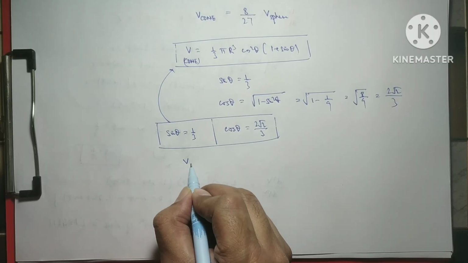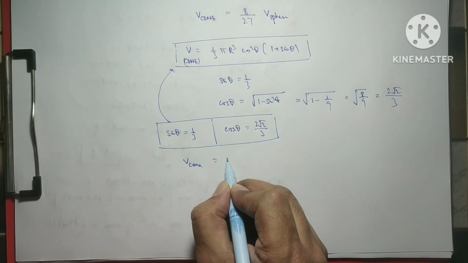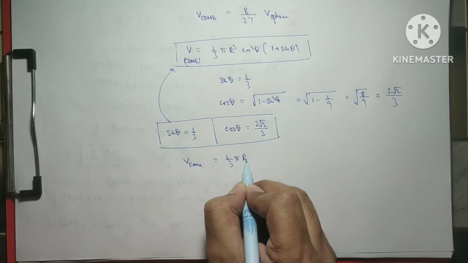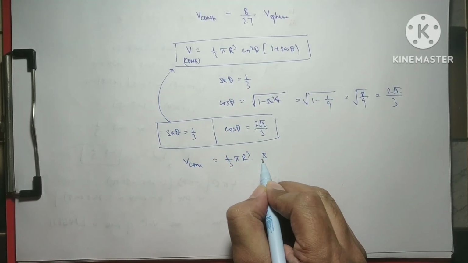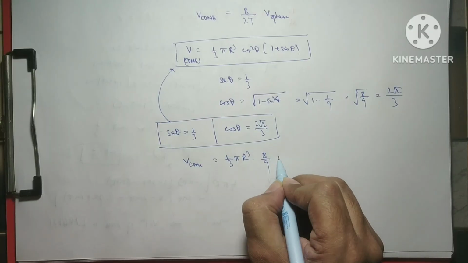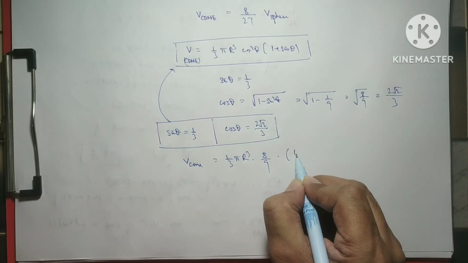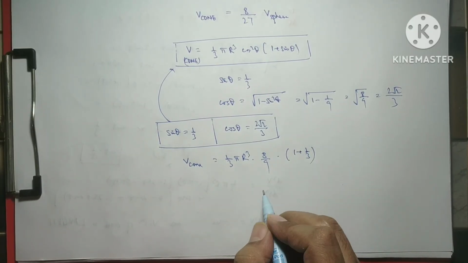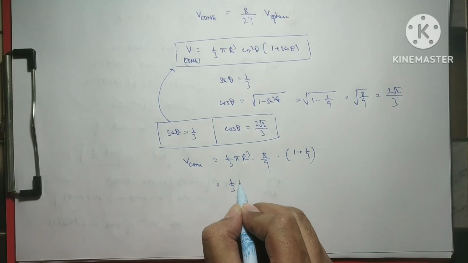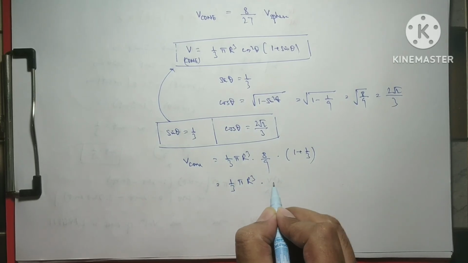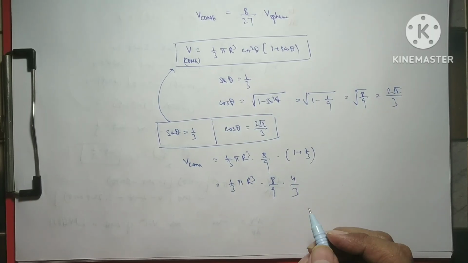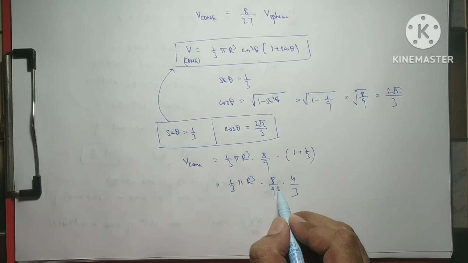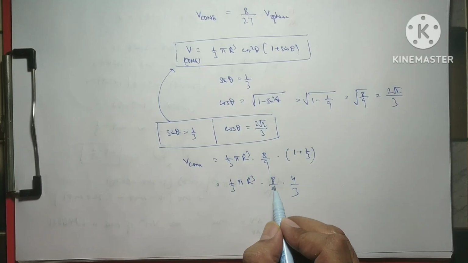So the volume of the cone is 1 by 3 pi r cube cos square theta, which means 8 by 9, and 1 plus sin theta is 1 plus 1 by 3. So it is 1 over 3 pi r cube, 8 by 9, and this is 4 by 3. So we can collect 8 and this is 27.